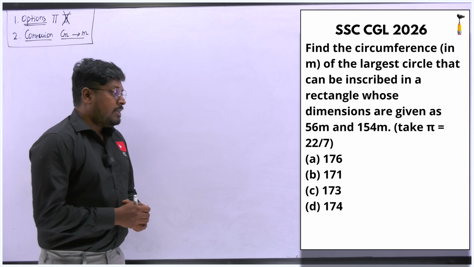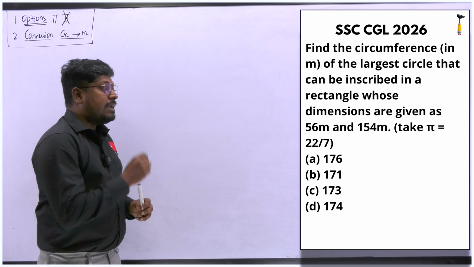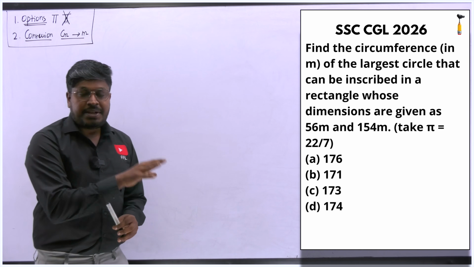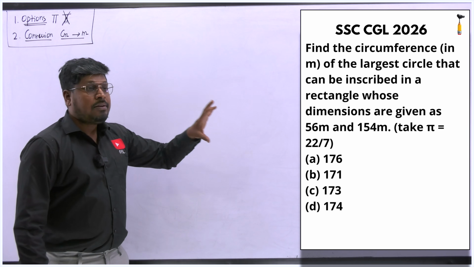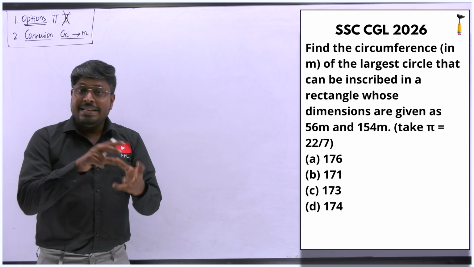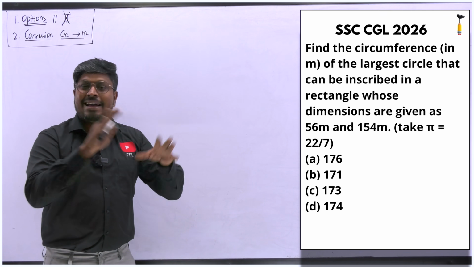Next question. Find the circumference of the largest circle that can be inscribed in a rectangle. Just now I told you at the starting of this video, the 4th or 5th point, there are two important things: inscribed and circumscribed. If it is inscribed, that means the circle will be inside a square, rectangle or triangle.